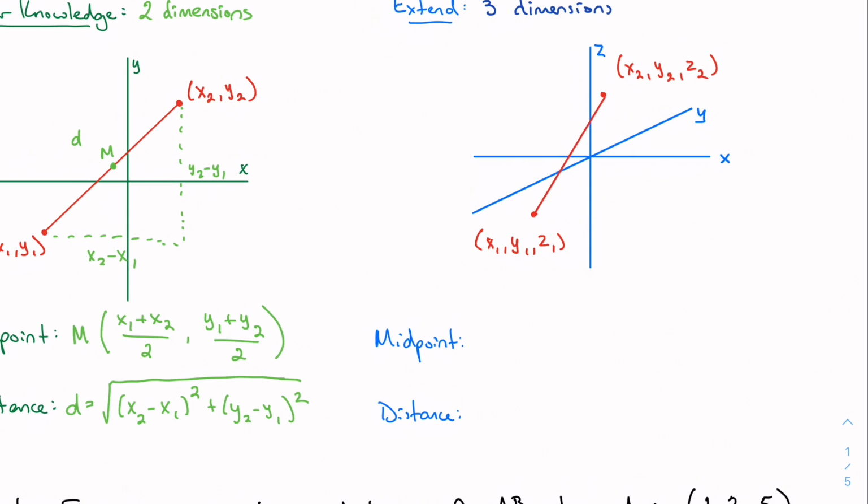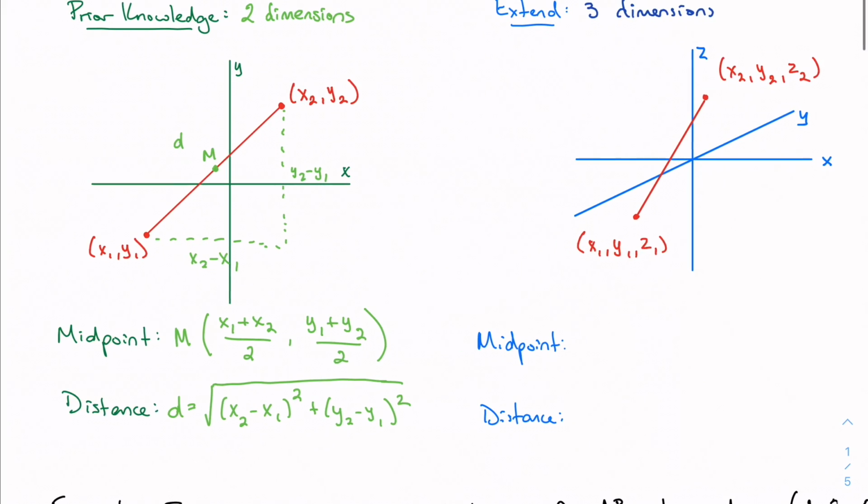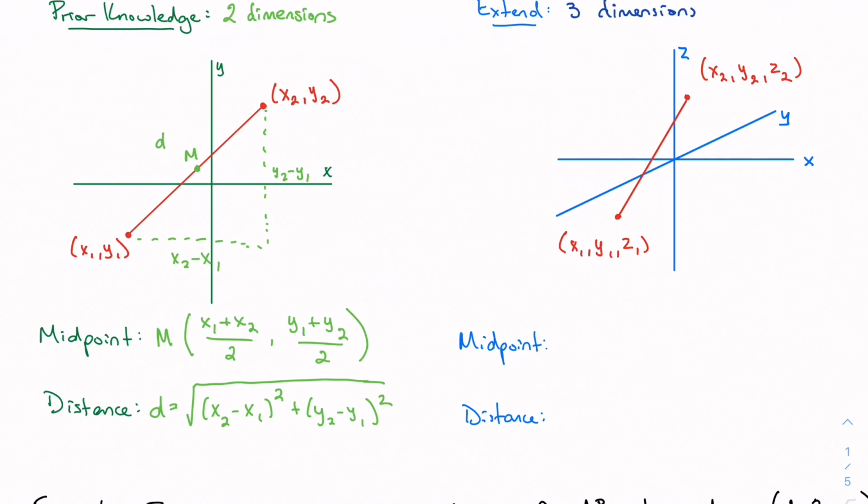So this line segment actually cuts through 3 dimensions now, even though you might not be able to see it that well here. Our midpoint, thinking logically from our 2-dimensional midpoint, still goes halfway between all of the coordinates. So I'll have (x1 plus x2) over 2, (y1 plus y2) over 2, and now this new piece, (z1 plus z2) over 2.